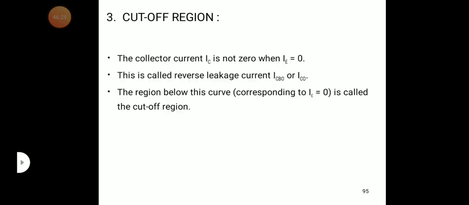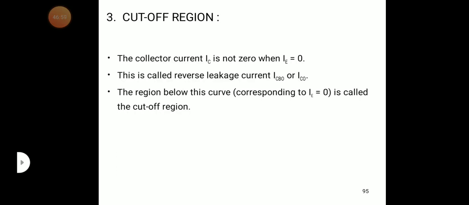So these are the three regions which we discussed from the output characteristics of the common base transistor. In the output characteristics, the input emitter current is kept constant, and we draw the graph between the collector current and the collector to base voltage. That graph gives the output characteristics.